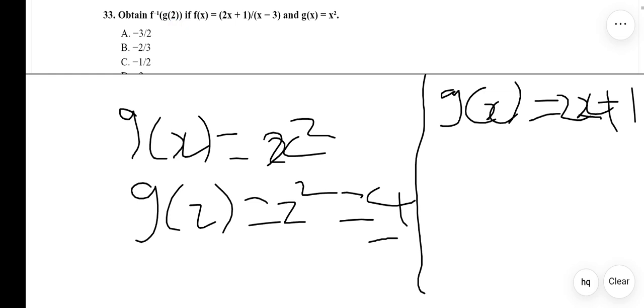That is the input. But if we are using the normal function, that means that if we change to the inverse, the input will change to output, output will change to input. In a nutshell, the value of x you get will be the output when you find the inverse of the function. That means that you can do it in two ways.